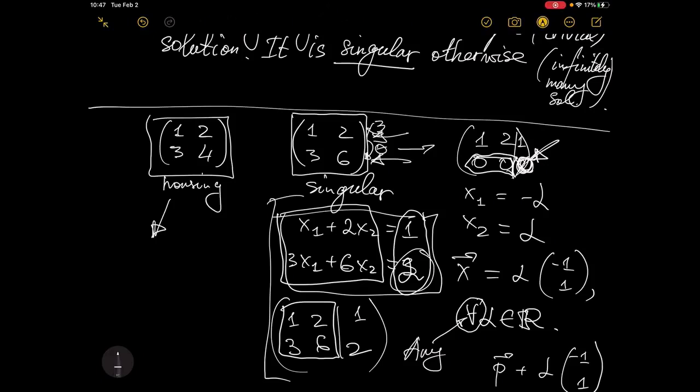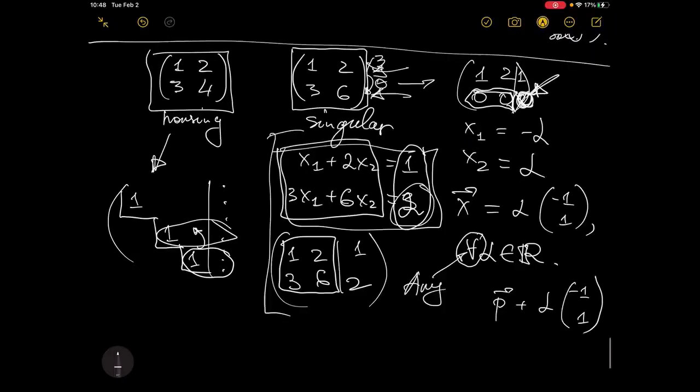Because there are no free variables, we will get in the end this as our row echelon form. And it doesn't matter what we have in the right-hand side, because this variable is equal to that, then we can perform backward substitution, and so on.